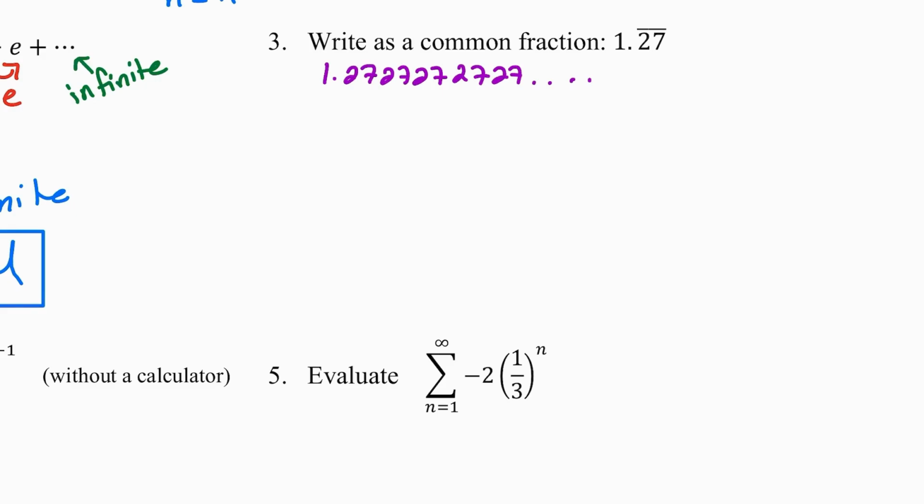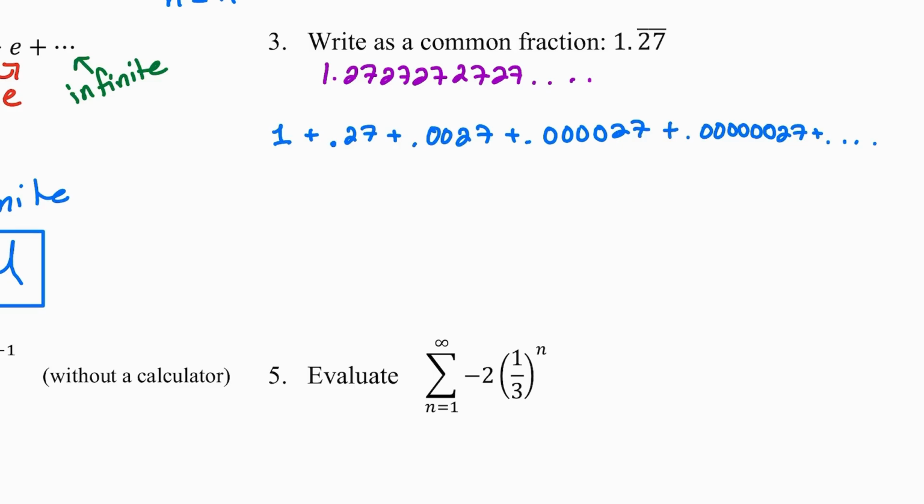The only geometric series that's happening is if you start with 0.27 and you add 0.0027 and you add 0.00027, hope that was 4 zeros, and you keep going, and it just goes on forever. But to get that 1 in front, we would add 1 to all of that.